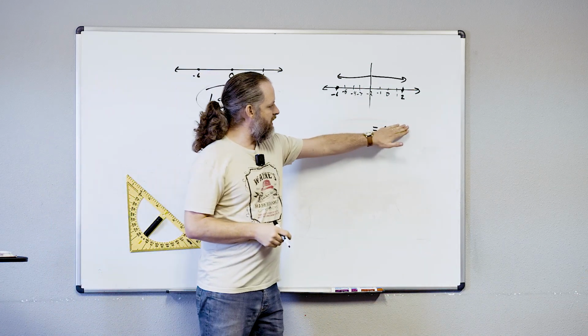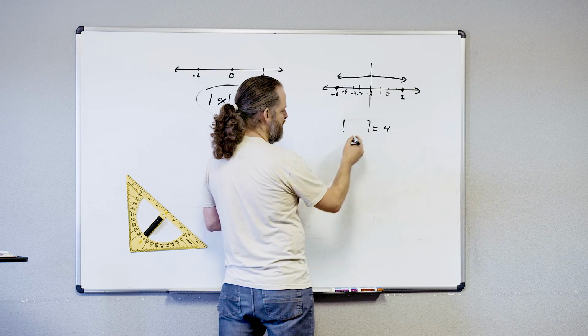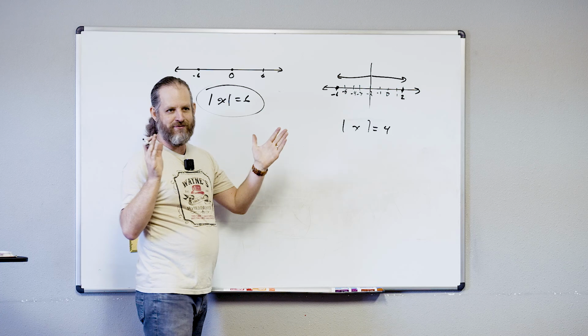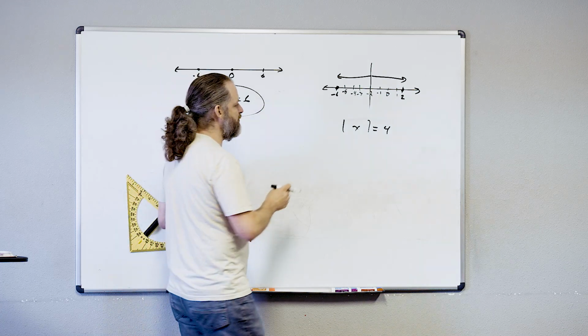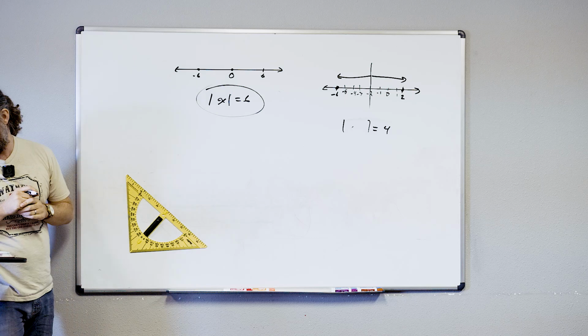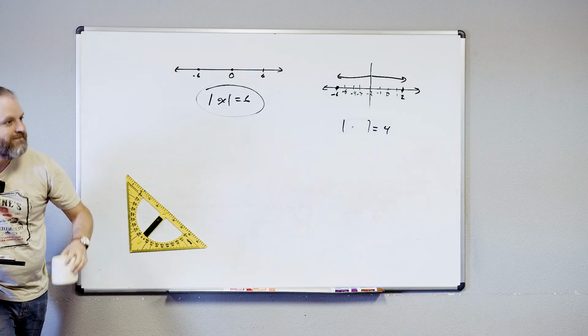But this time we need to add something inside the absolute value. It's not just going to be x, because if it was just x, then that would be at 4 and -4, right? Because the middle would be there. So we got to add some stuff inside of there. What would we add inside of there, do you think?